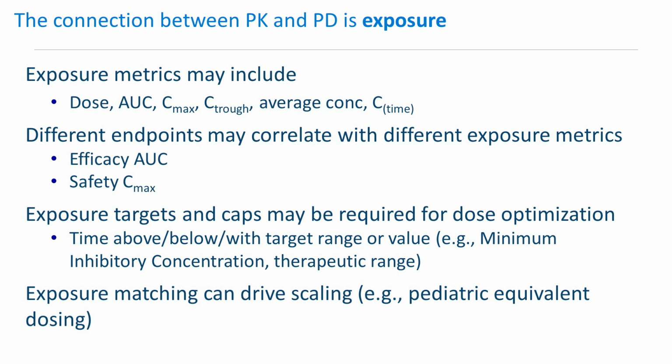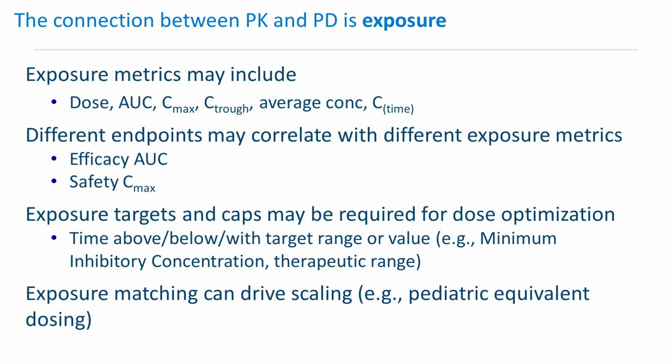It's important to note that different endpoints may correlate with different exposure metrics. Rarely do we have a single exposure metric that can describe every response. And we have a number of responses. We don't just measure the efficacy response, the blood pressure, the tumor size. We measure biomarkers. We measure safety endpoints. And so we need to really explore our exposure response for all of these different endpoints that we measure.